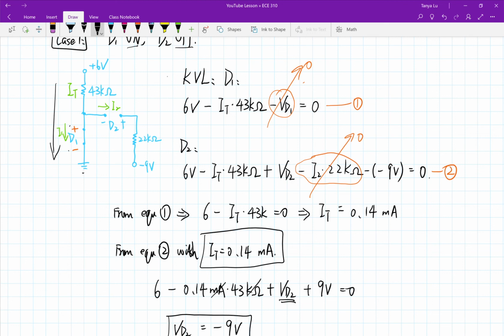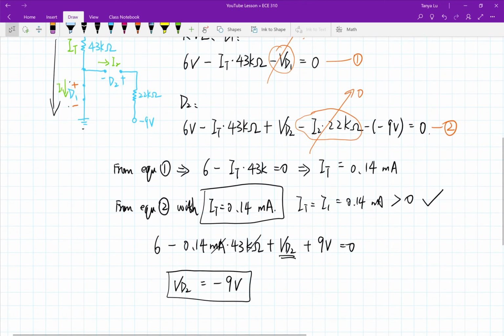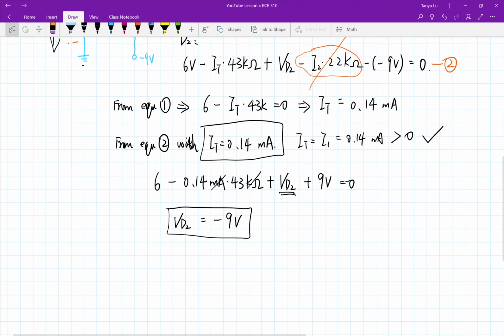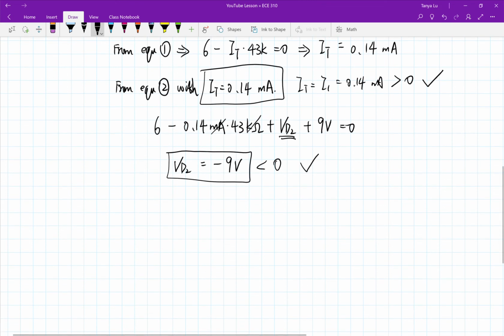So I1 equals 0.14 milliamps, greater than 0. Check. It's good, because that's our assumption. Then we assume our D2 is off. So the requirement for that is our voltage for D2 will be negative. And we got our VD2 is -9, it's less than 0. So correct. Our assumption was correct.